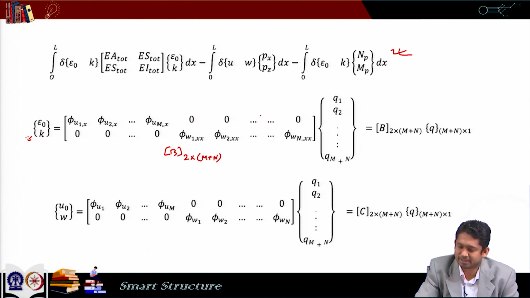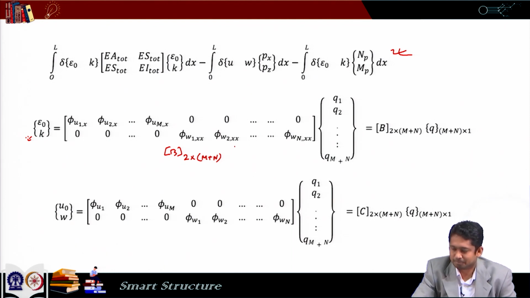So, on being summed up, that gives me epsilon 0, and similarly here also if I multiply this column with this row, that gives me kappa. So, epsilon 0 kappa vector is written as B matrix multiplied by the Q matrix.